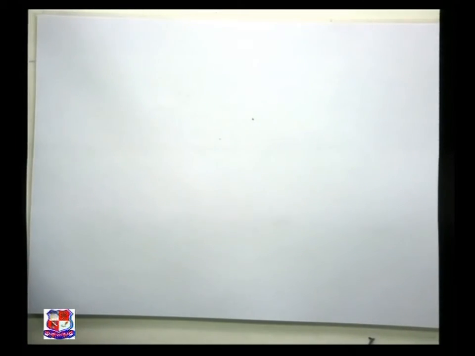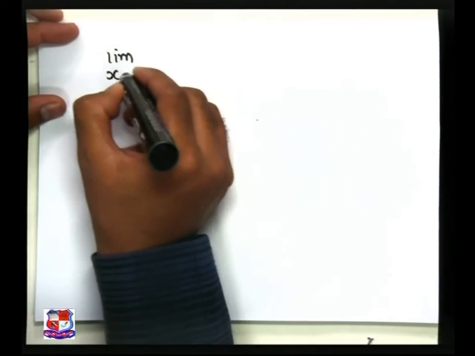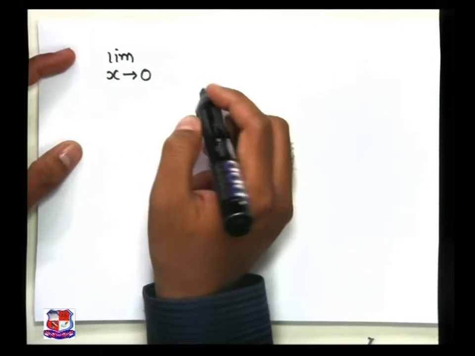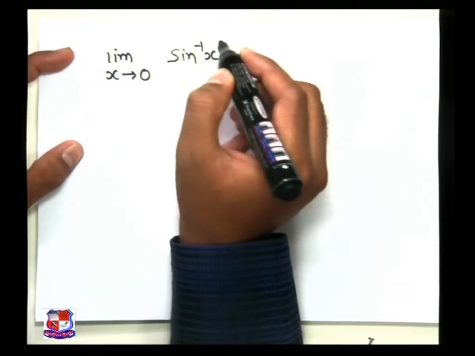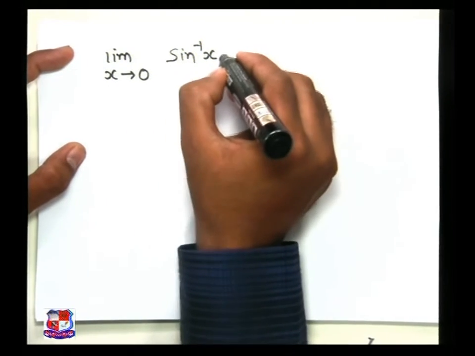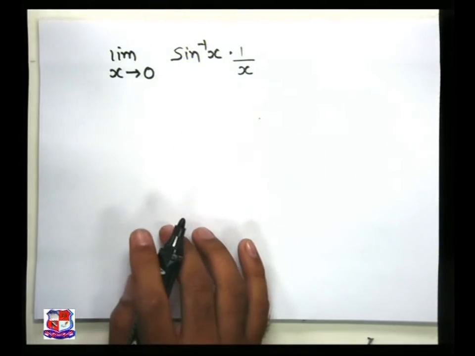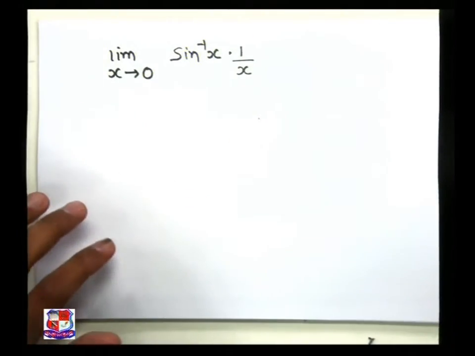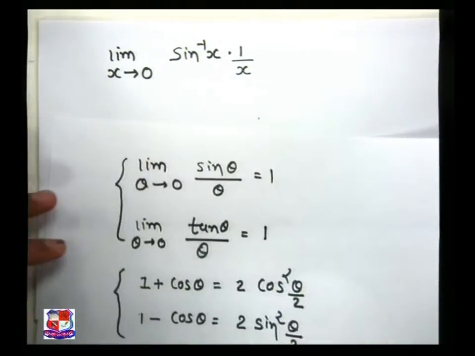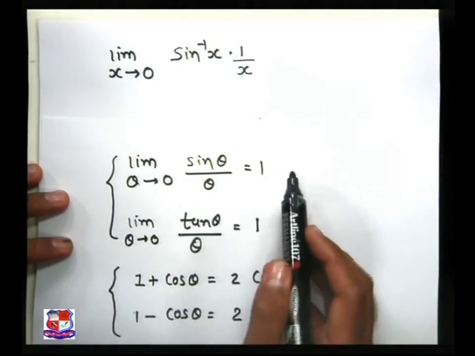So first of all we write limit x tends to 0, sin inverse x divided by 1 divided by x, so that is divided by x. Now what is our base formula? That is nothing but whenever theta tends to 0, sin theta upon theta equal to 1.